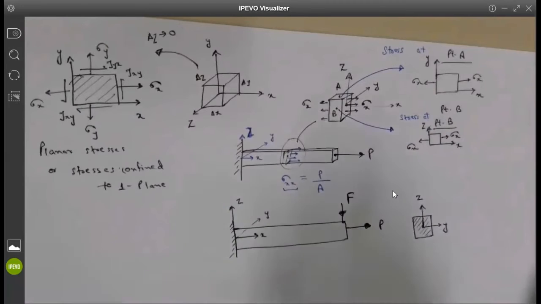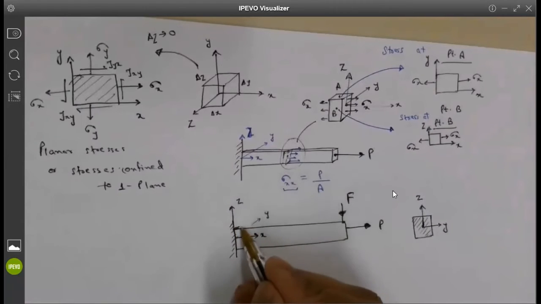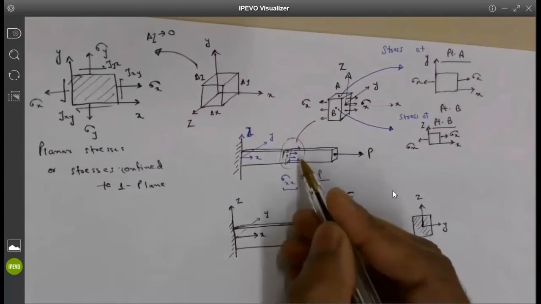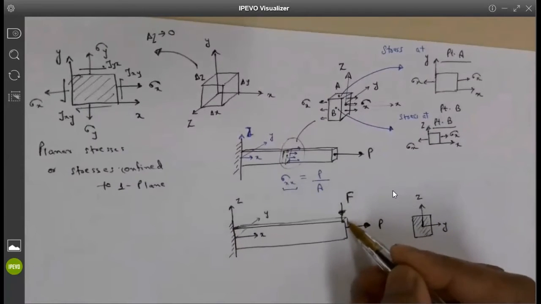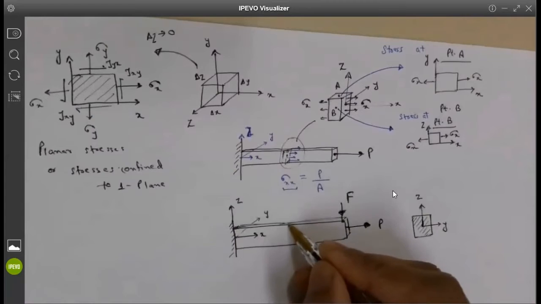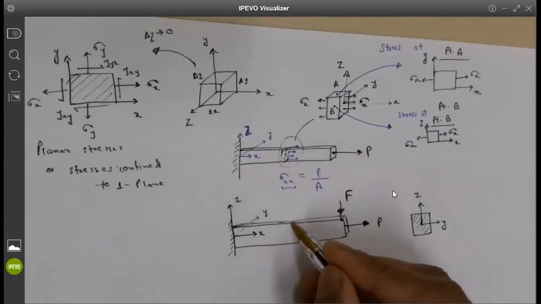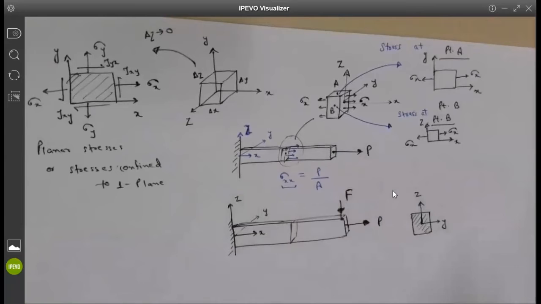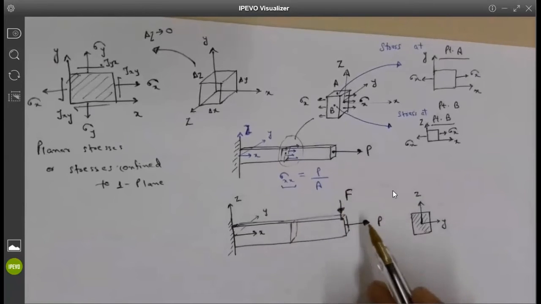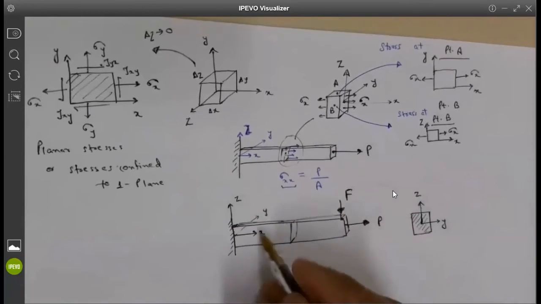That's very good. Now we actually move to this case. The same bar like this, and I have the same scenario, same cross section. But now it is a bit different because I have a load coming from the top and then a uniaxial load coming in the axial direction.